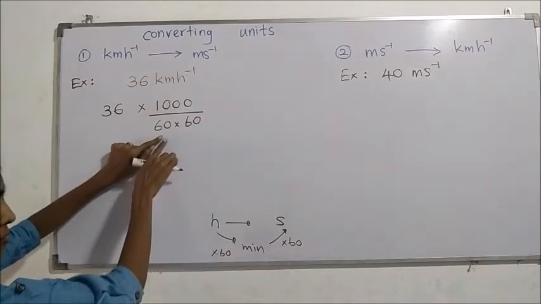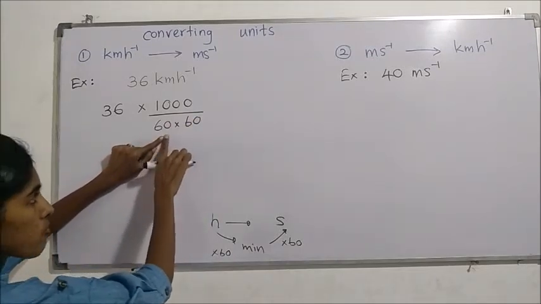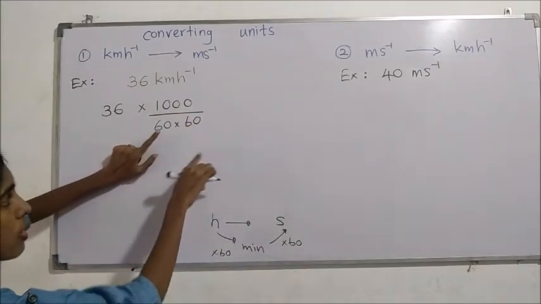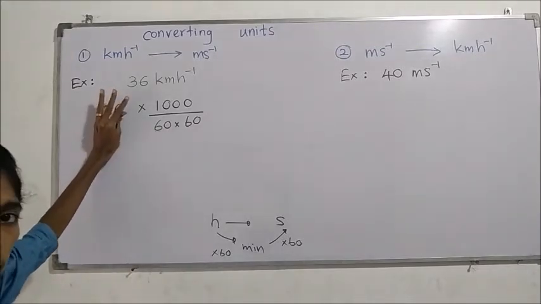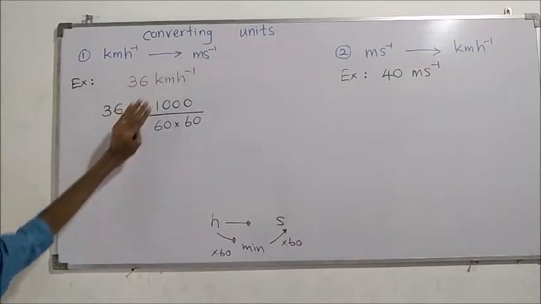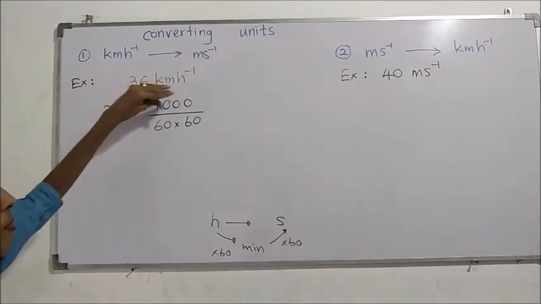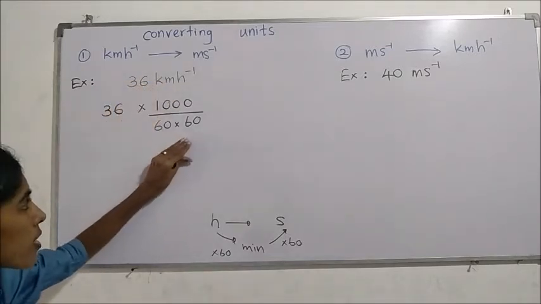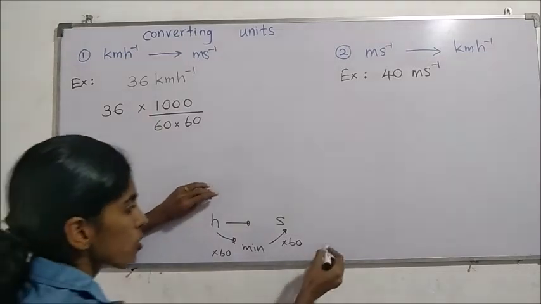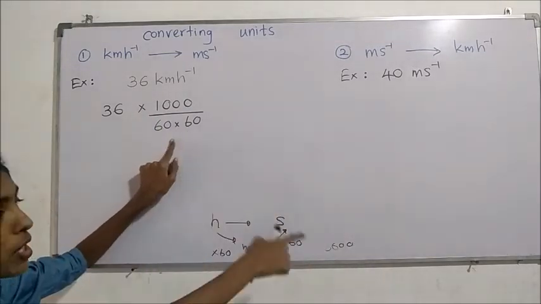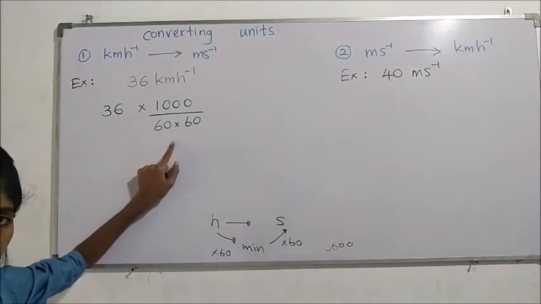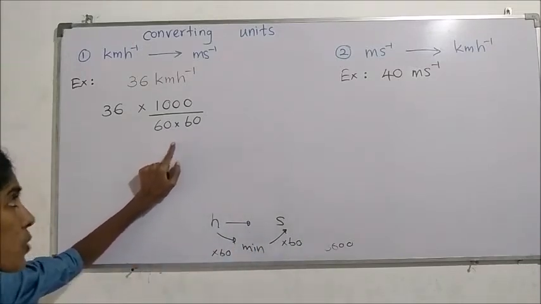Firstly we converted hours into minutes, then those minutes into seconds. So remember, whenever you are given any speed in kilometers per hour, multiply by 1000, divide by 60 into 60, or else you can multiply by 3600, because when you multiply these two, 3600 is coming. So as you wish you can do that.